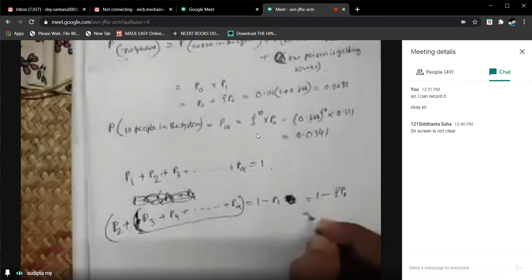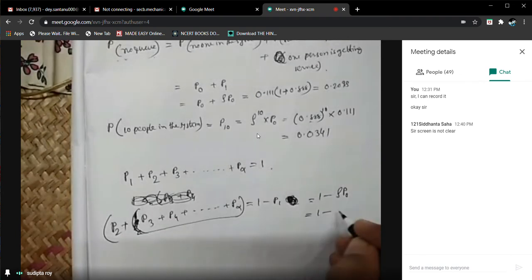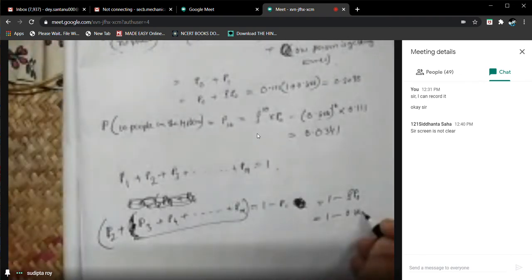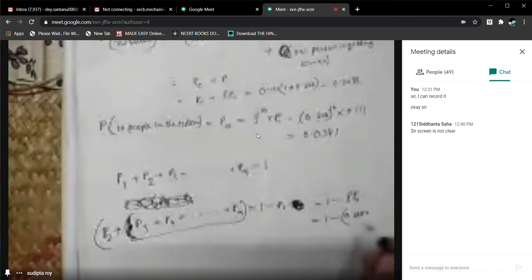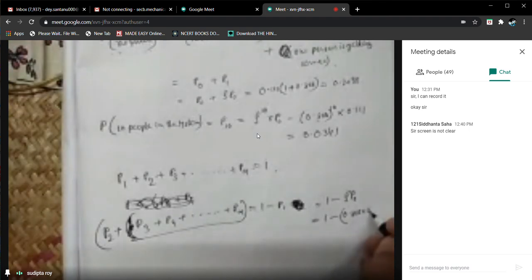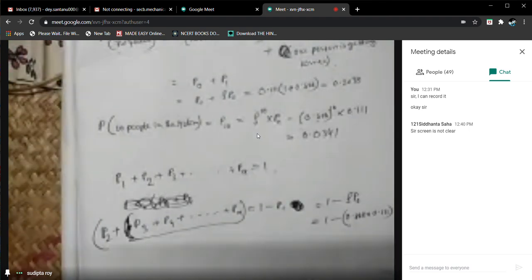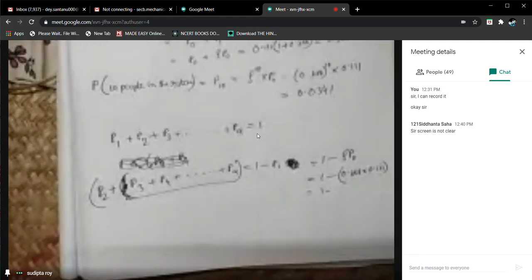Upon putting the values, rho is 0.888 into P naught, which is 0.111. Let me calculate it.